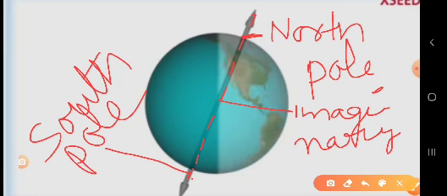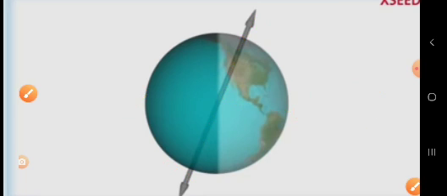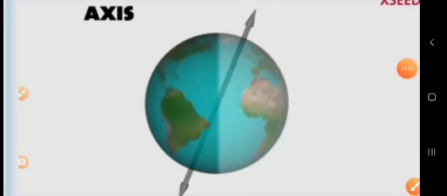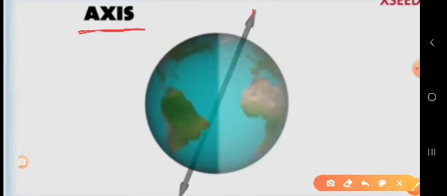This line is called the imaginary line. So children, this imaginary line is nothing but the axis of earth. We call it the axis. So let us see children. This line is called the axis of earth. This axis is shown by the line. This dotted line is nothing but the axis of earth.